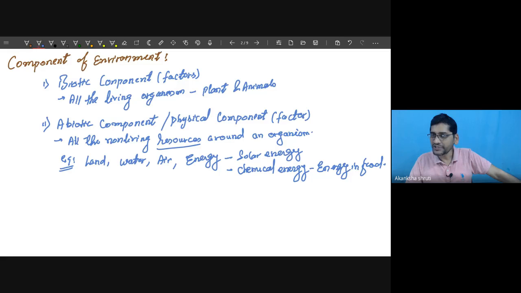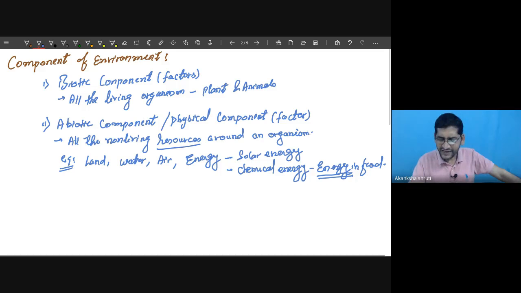The purpose of nutrition is to provide the energy for the organism, for their maintenance of life, for their survival, for the repair of the damaged cell, for their growth, and many more functions. So this energy is an inherent thing or component of the environment for the living being to survive. So many more factors or abiotic factors are also there.